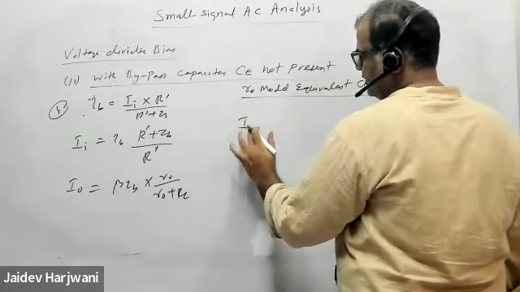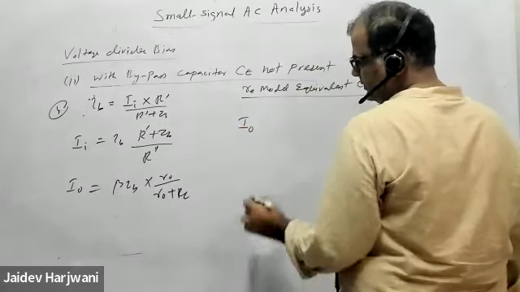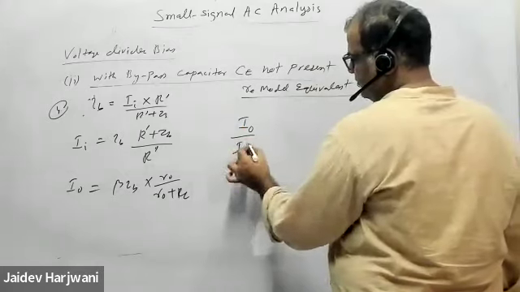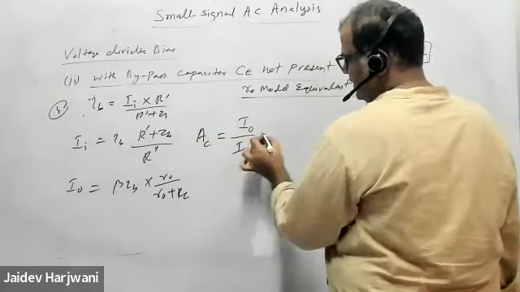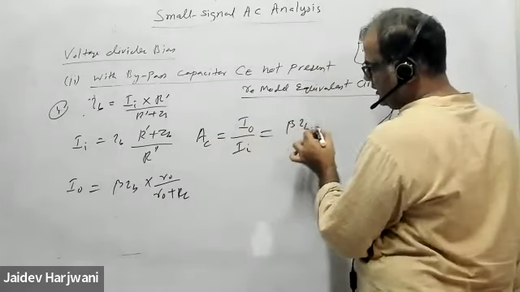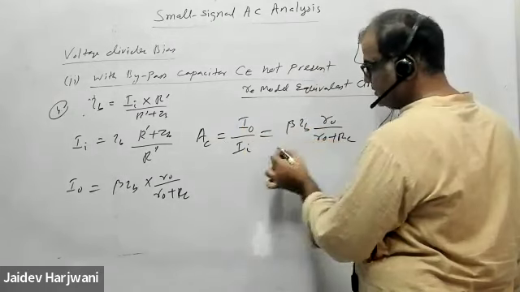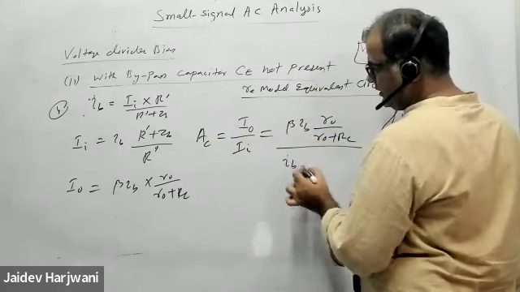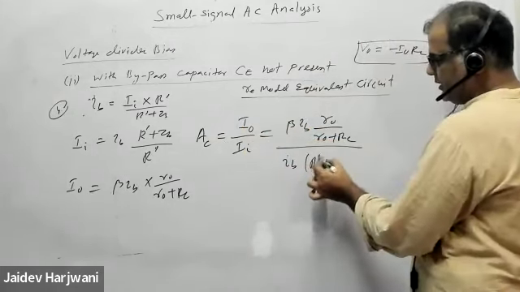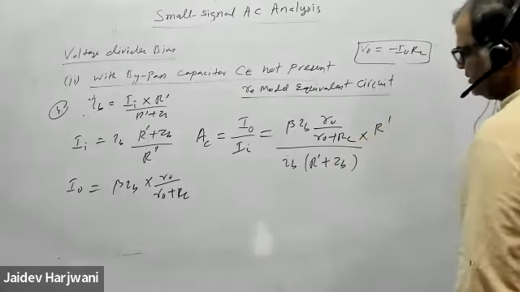Now I naught upon I input is the current gain. It will be beta IB into R naught over R naught plus RC, over IB into R dash plus ZB over R dash.